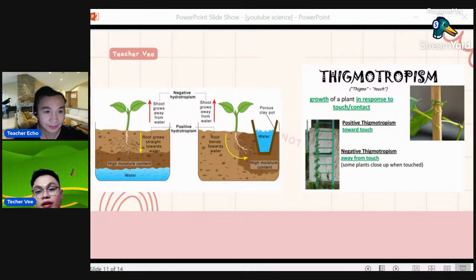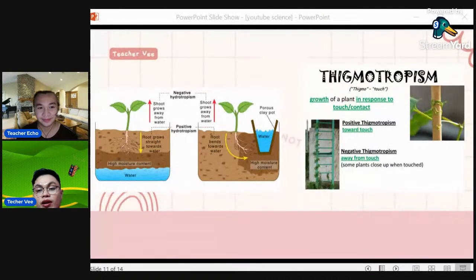Kapag sinabing positive thigmotropism, that's toward touch, meaning to say, kinakapitan ng plants tapos tumutubo po siya. So usually, yung mga vines, di ba? Yun po yung example ng positive thigmotropism natin. How about negative thigmotropism?